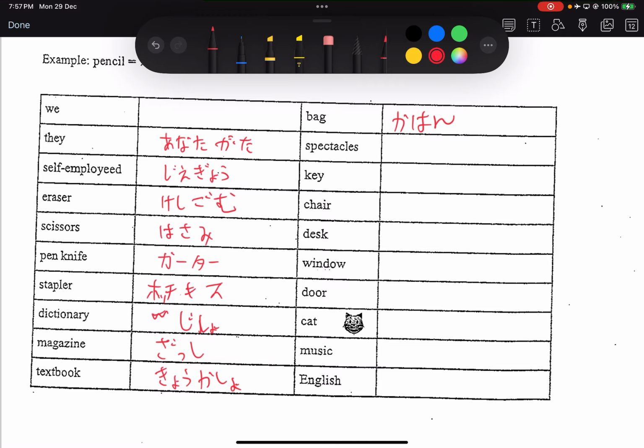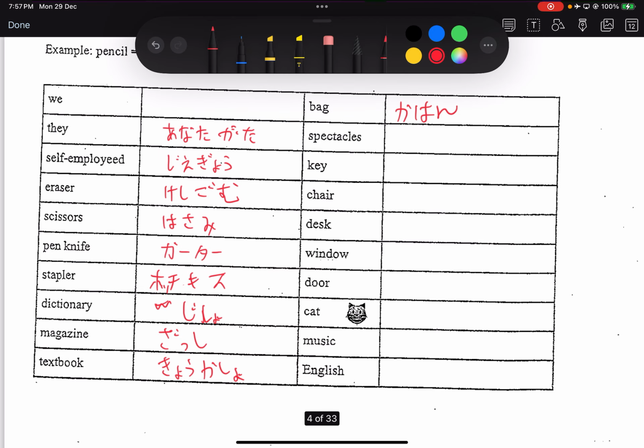Okay, then I'll stop writing already since you are referring to English. Spectacles: メガネ. Key: 鍵. Chair, start with I: isu.